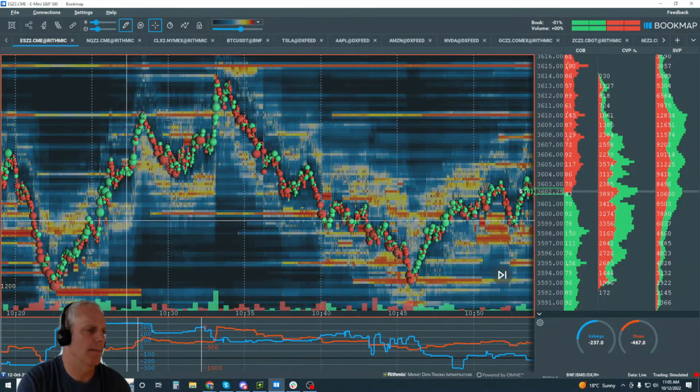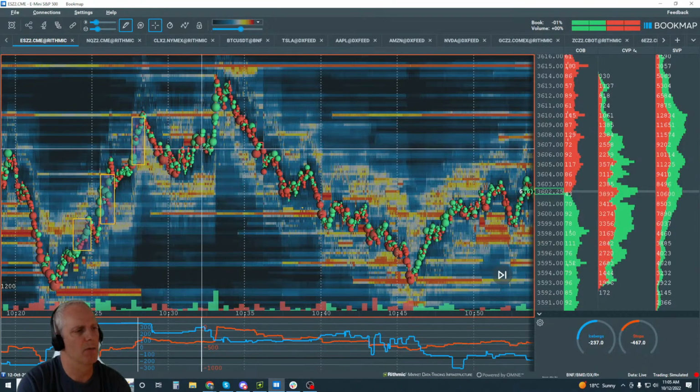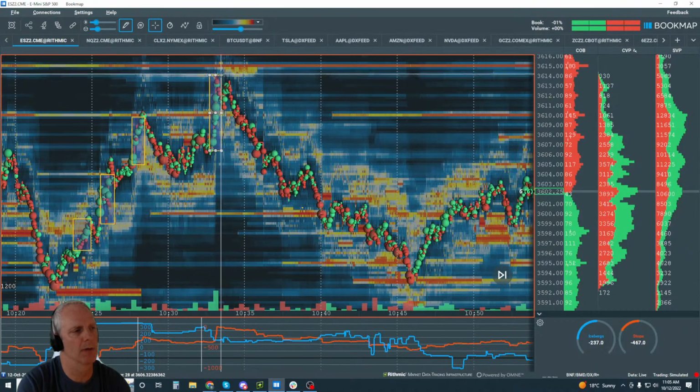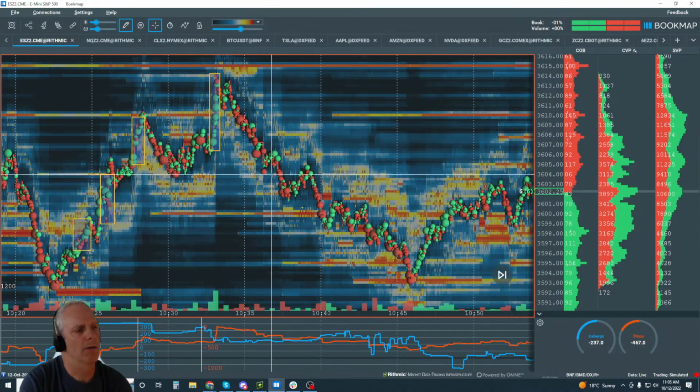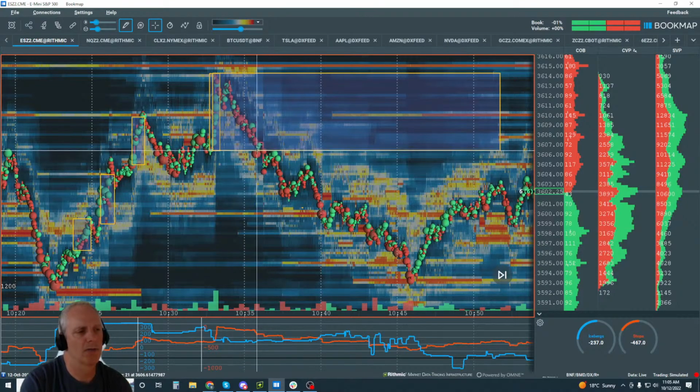Okay, so on the way up, we didn't really like it, so we kind of stayed clear of it. But we see the buyers in here taking control, okay, and moving this market up. Quite a bit of selling in here, okay, but buyers come in one more time here. All right, now they're in control from that point onward, from here onward in this range. Where they're disrupted is here, below the range.